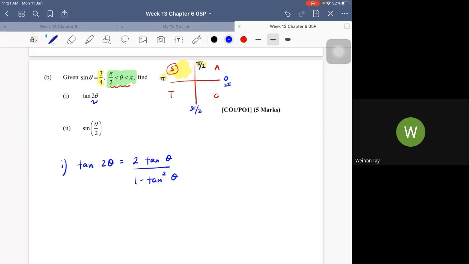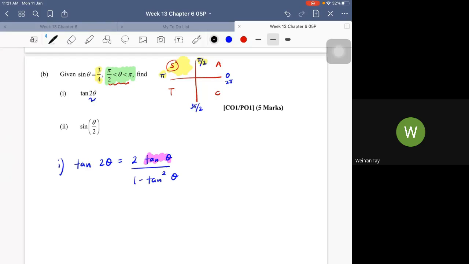So basically, kalau I nak tahu apa dia tangent 2 theta, first I have to know apa nilai tangent of theta. So macam mana kita nak cari nilai tangent of theta? From knowing this information right here. So daripada information ni, sebenarnya kalau kita lukis, right angle triangle. Ni adalah kita punya theta value. So kalau kita ada sine, dia adalah bersamaan dengan 3/4.